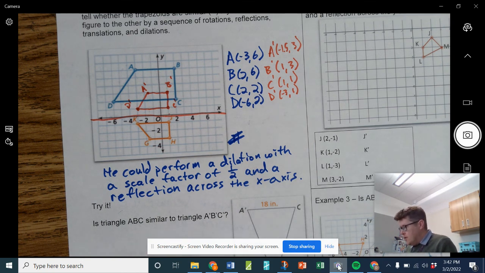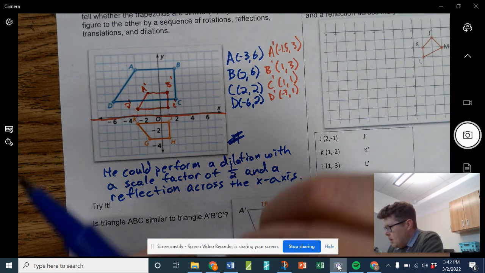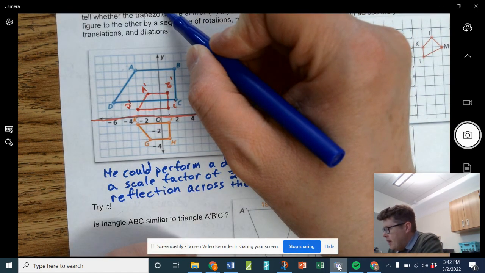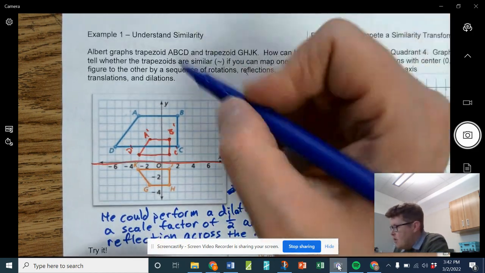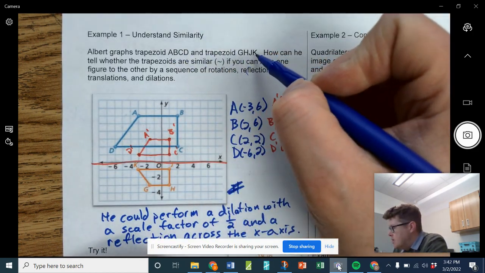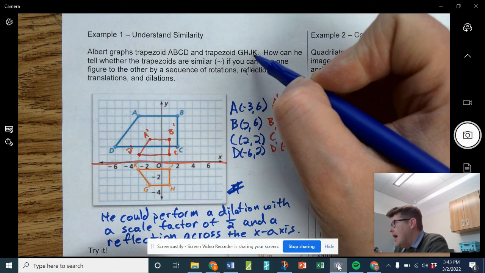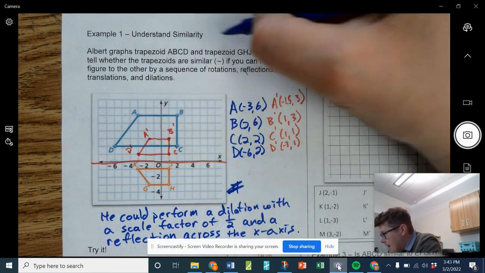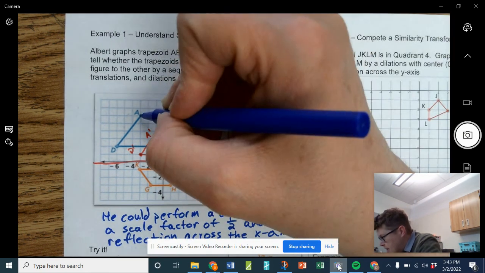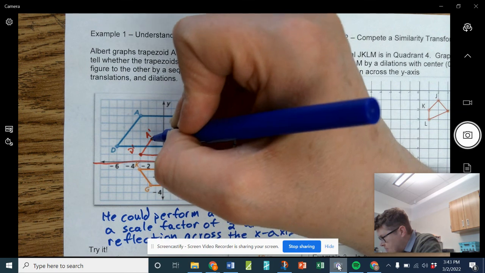Now, one thing I do want you guys to realize, the order that you list your letters is important. Typically, it will be in alphabetical order, right? A, B, C, D, and G, H, J, K. We're missing an I in there. Anyway, the order is important, right? Because we can see that A matches to G, which makes sense. A is going to match to that G right there after we reflect it.